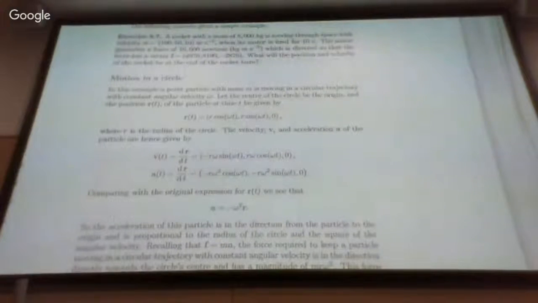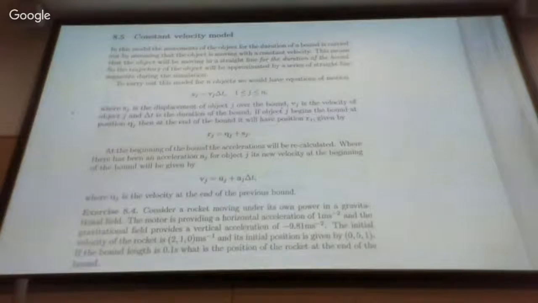So we've got a little bit of a description here showing you the equations that might be used in the constant velocity model versus the constant acceleration model. So in the constant velocity model, this index j is counting from 1 to n. Delta t is the duration of one bound.